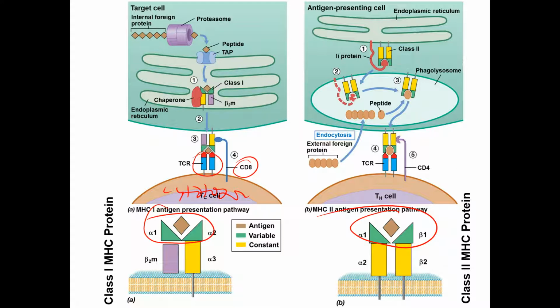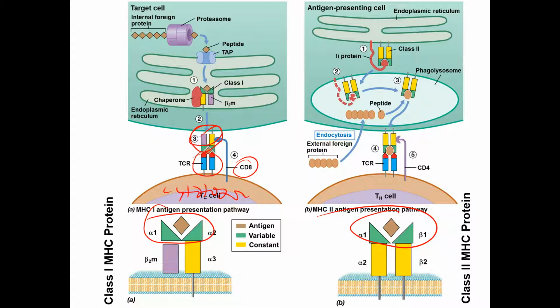Alright? The CD8 co-receptor helps to, one, stabilize this interaction between your cytotoxic T cell and your MHC class 1 presenting cell. Alright? So this also is going to serve as an extra trigger, if you will, because the CD8 receptor interacts with this MHC surface marker.